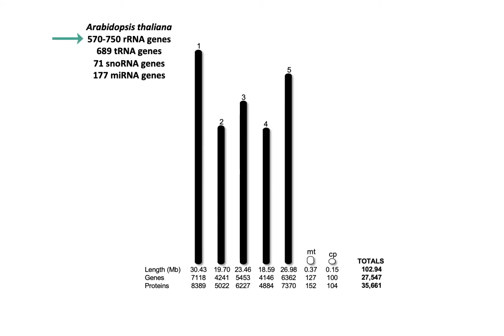Also, there are 570 to 750 ribosomal RNA genes, and we discussed earlier in the semester why you have so many ribosomal RNA genes in plants, and then they're quite variable. So even in a single plant, you can have from 570 to 750 on a chromosome, and you get recombination occurring, and it's unequal, and so one chromosome gets more copies, one gets fewer.